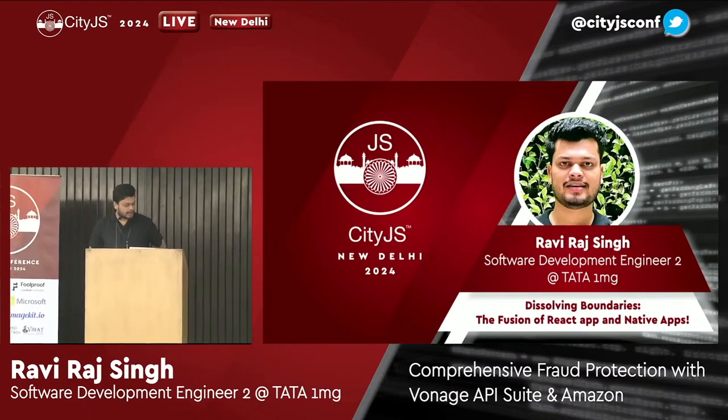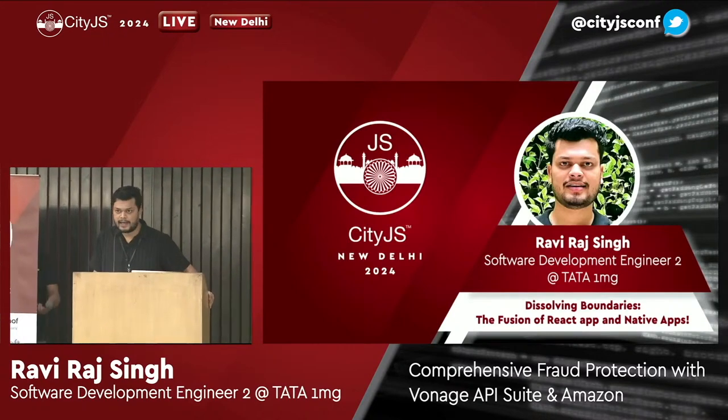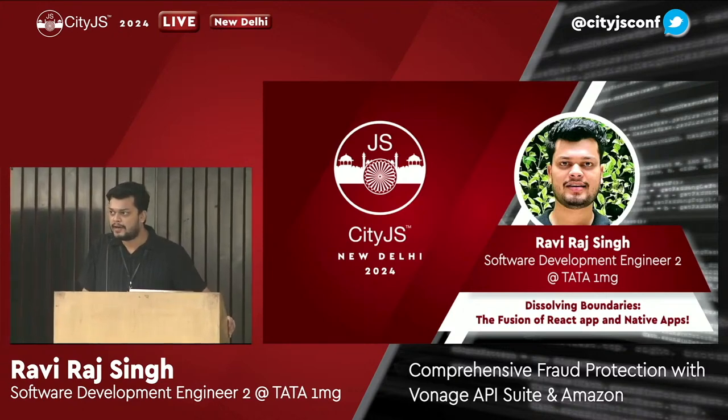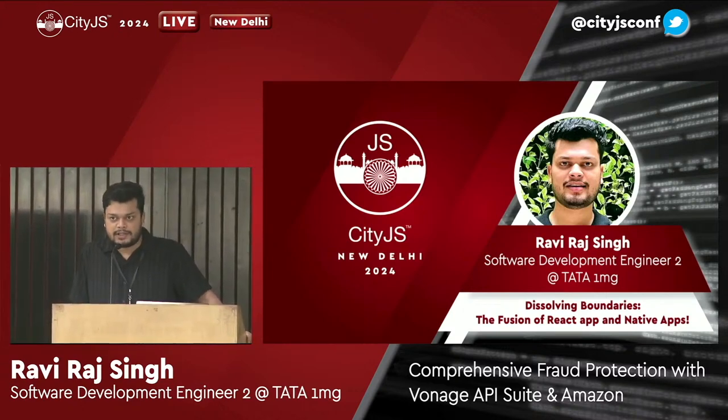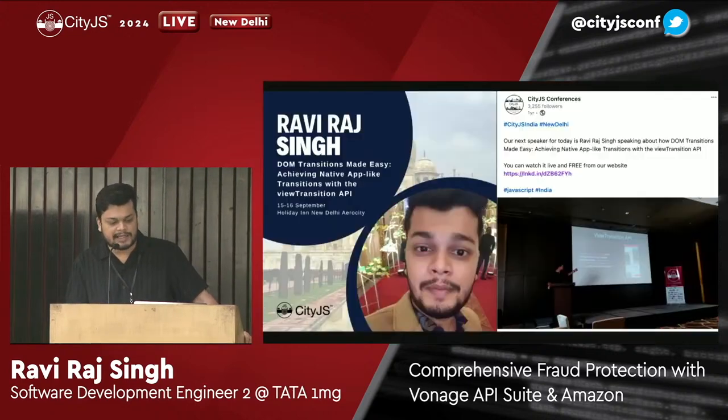Hi everyone. I'm Ravi Singh and I'm an engineer at Tata 1MG. I'm pretty excited to be speaking at CityJS for the second time. Last time I discussed how we can achieve native-like page transitions with the View Transition API. I believe this API is the future of web applications in terms of bringing great user experience with transitions.